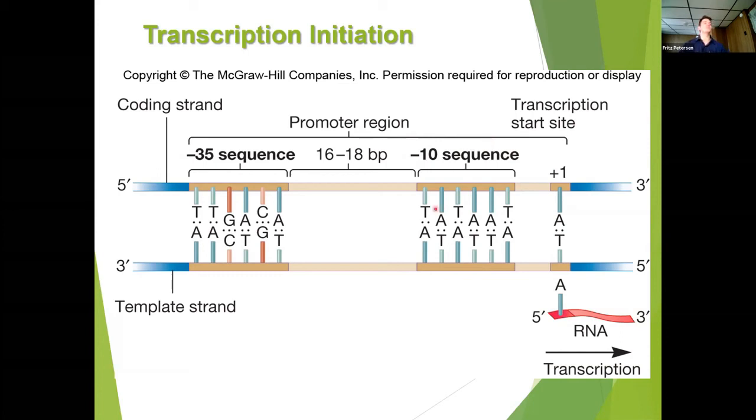This hexamer is usually TATAAT: thymine, adenine, thymine, adenine, adenine, thymine. The function of this sequence is that it's essential to start the transcription. Whereas the other sequence, the -35 sequence, also a hexamer of TTGACA, its presence allows for a high transcription rate, and together they make up your promoter region.